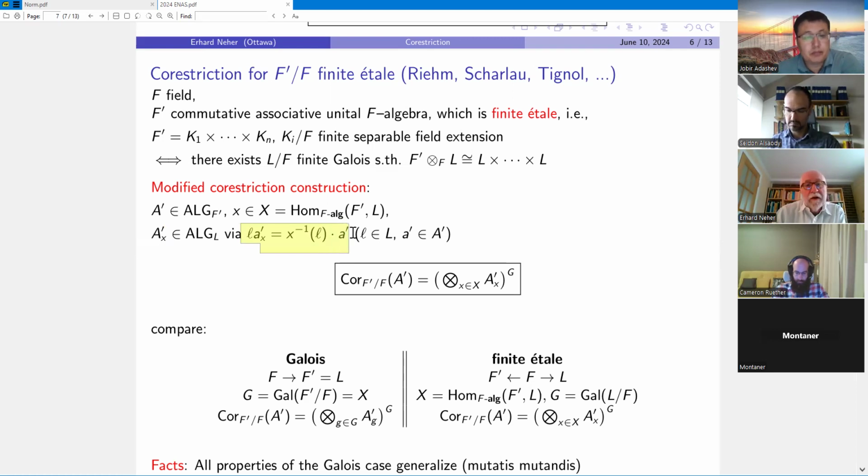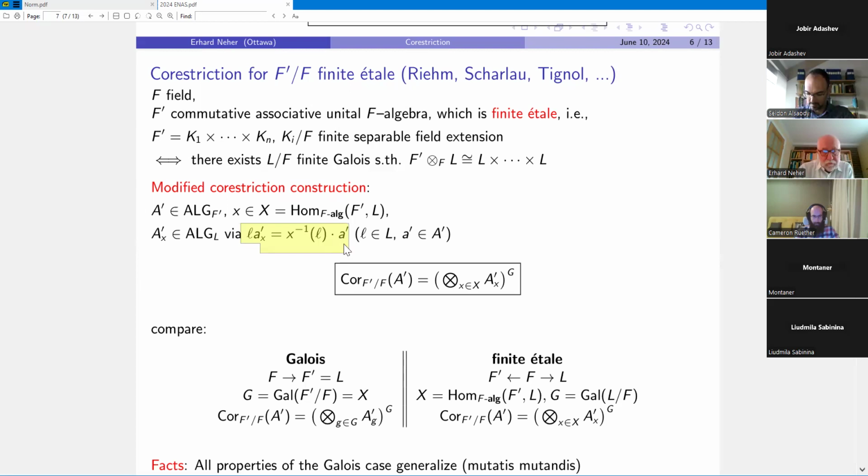We recall that X is invertible, so L times A prime index X is X inverse of L times A prime, right? So this then gives me an algebra over L. As in the Galois case, I will just take the tensor product over all X's.